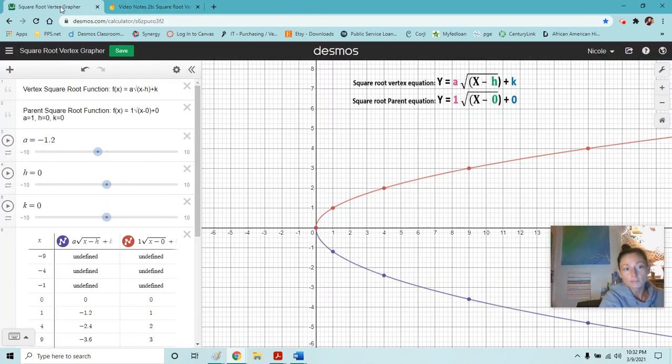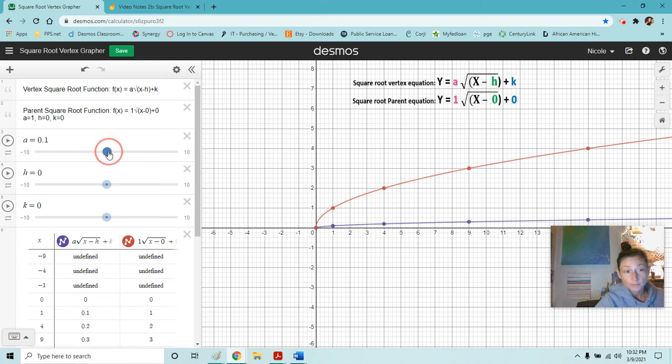All right, and then a equals 0, we're going to take a look at what that does. So if we move a to exactly 0, trying to get it exactly, there we go. We see now the purple graph is making a flat line, which is not a square root graph. And that's going to happen with any type of graph. If you make the a value 0, it's just going to make a flat line. It's not going to make a graph of what you're trying to make anymore.